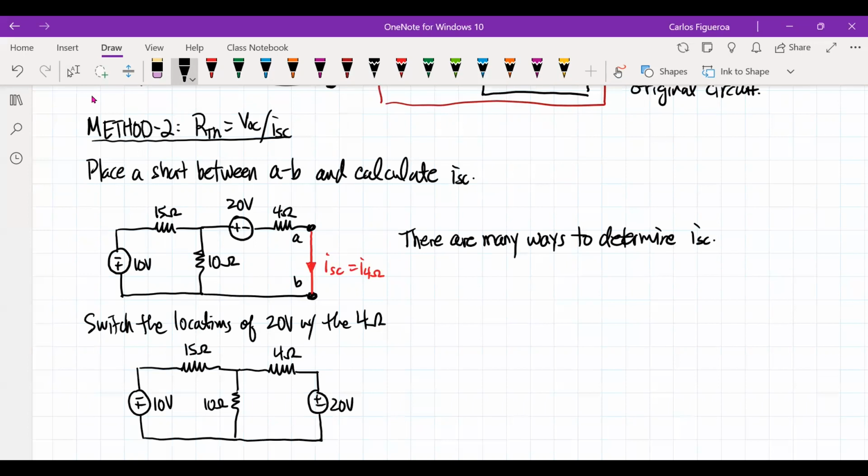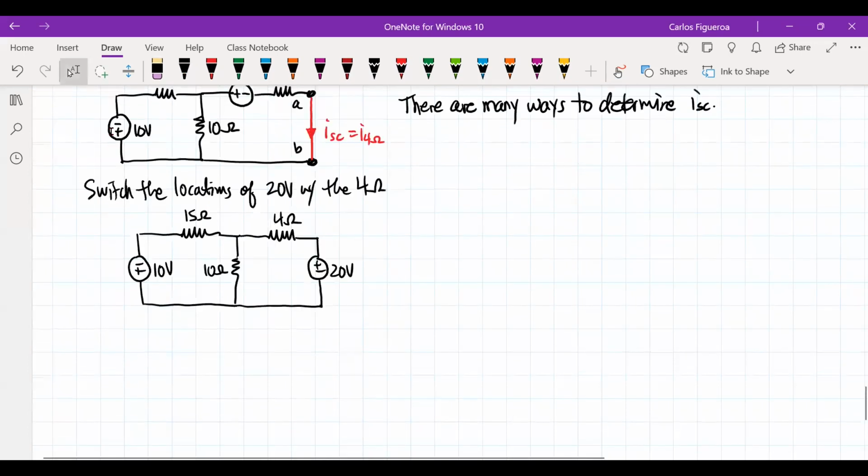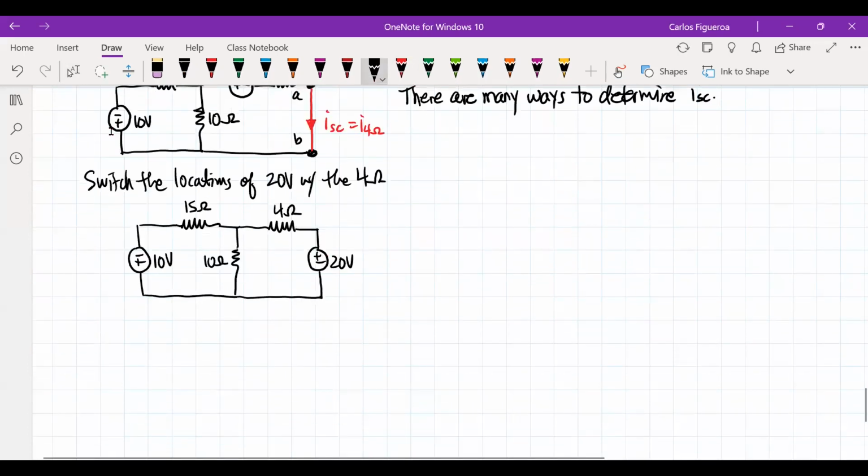So if I do that, there's some simplification here. I can see that now I have a common ground right here. So that means I know what this node is right here. That node is minus 10 volts.